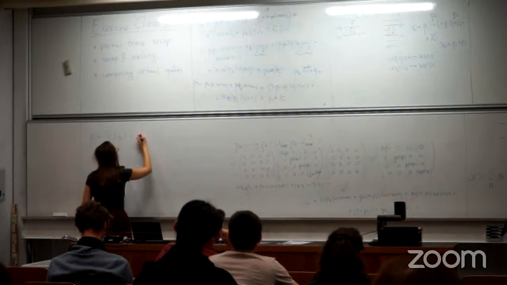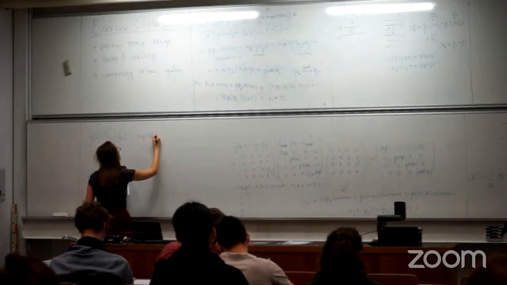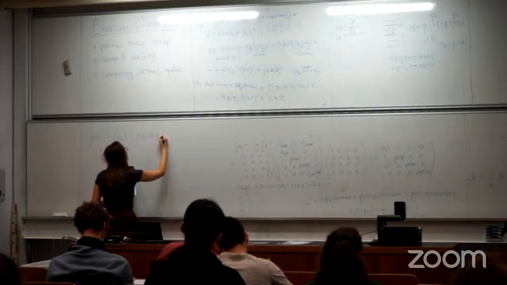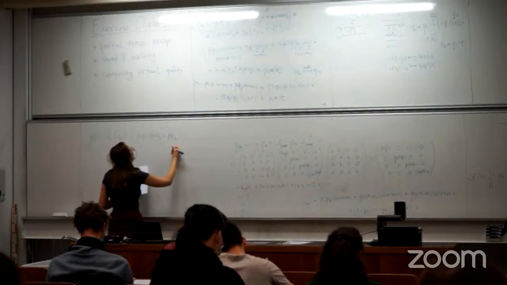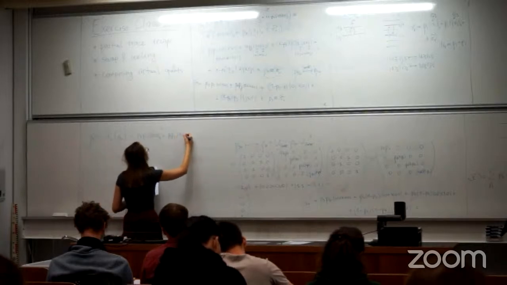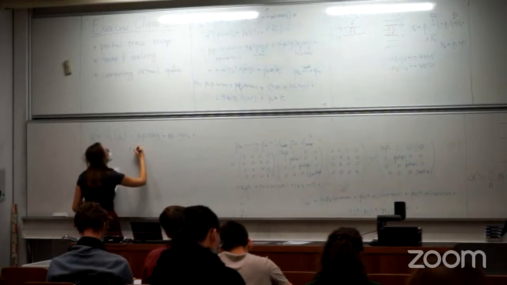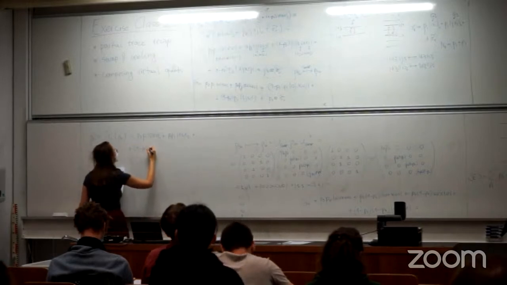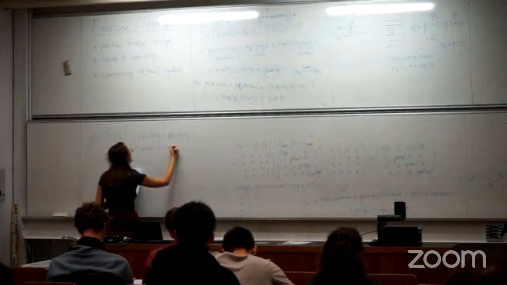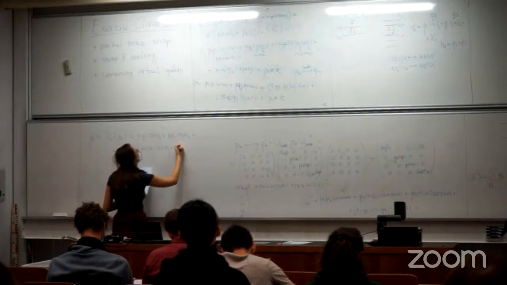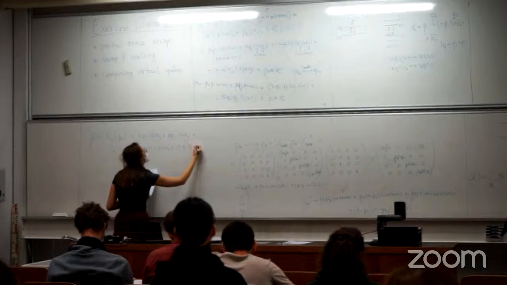And what I would get is PS PI 0 0 on S, plus PS PJ 1 1 on S, plus 1 minus PS PI 0 0, plus 1 minus PS PJ 1 1.